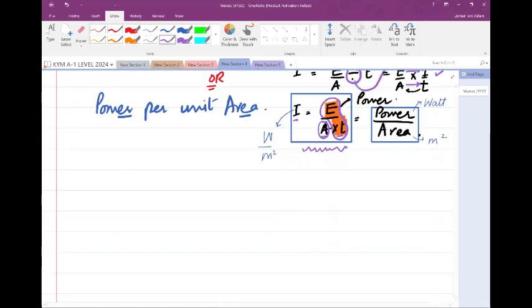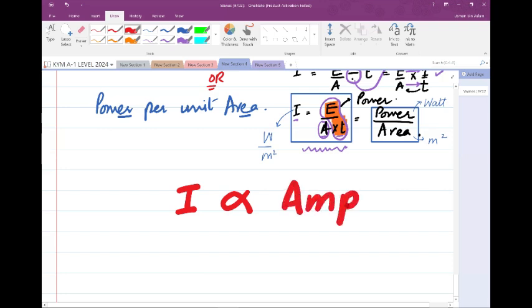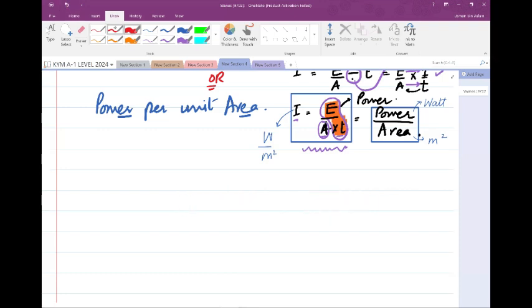Now we have to discuss a relationship between intensity and amplitude. Intensity is directly proportional to the amplitude square. Intensity will be directly proportional to the amplitude square.